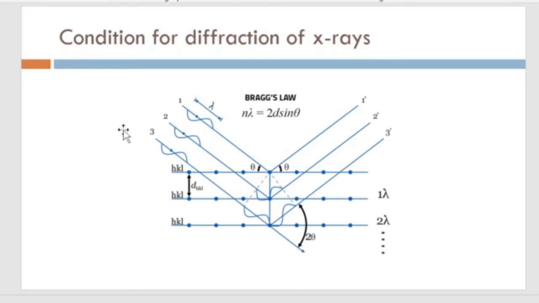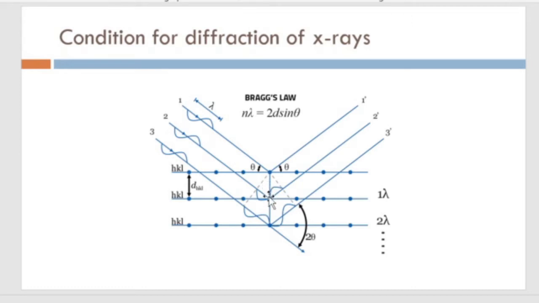Whenever the X-rays fall on the lattice planes, they pass through several layers. Whenever the X-rays fall on the crystal, they pass through certain layers or lattice planes inside, as shown here, and fall on the atoms.